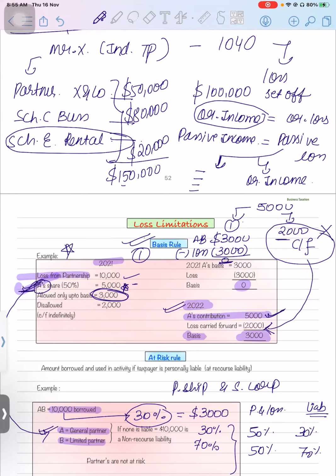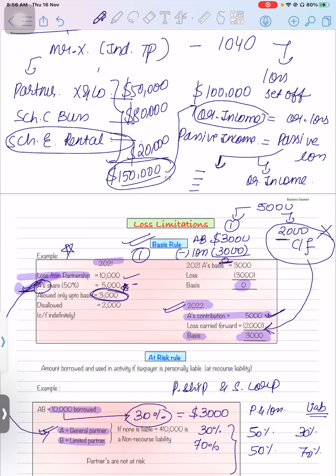You cannot straight away reduce this 150,000 directly from 1 lakh and carry forward the 50,000. What can be the nature of that 50,000? To decide that, we need to keep a proper sequence to set off this 150,000 of loss.